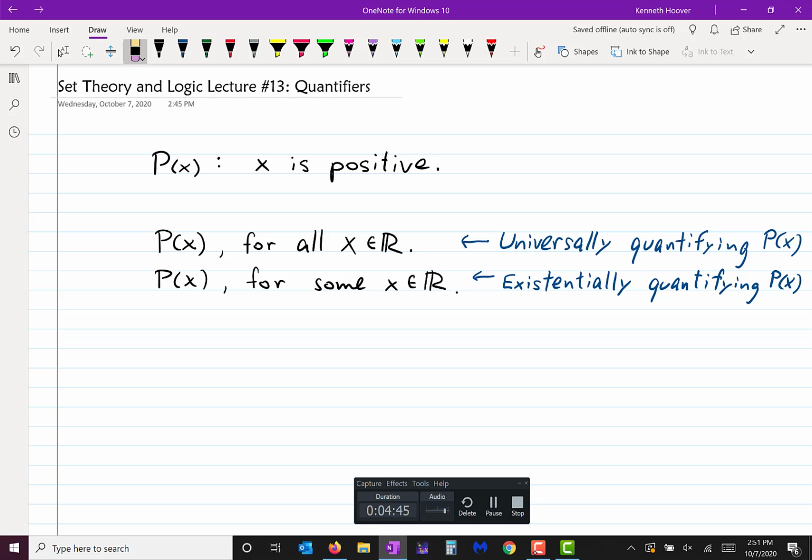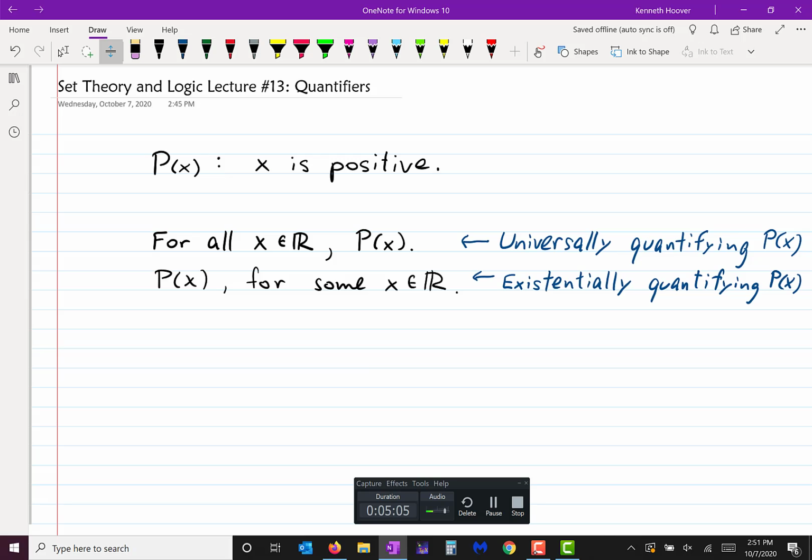So I would rewrite that first example like this. For all X in the real numbers, comma, P of X. That's how I want you to be writing them. That's the way we would normally do it in logic.